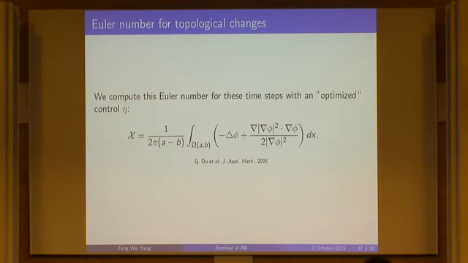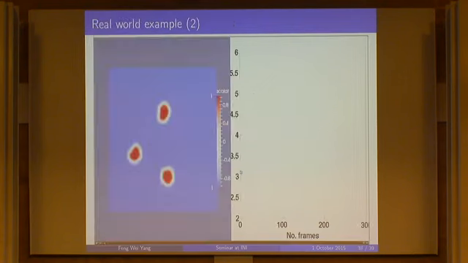We take this Euler number from Du's work published in the Journal of Applied Maths. That is the Euler number to compute, and A and B is the interfacial region of the phase field. So in our case, it would be between 1 and -1, and this only exists in the interfacial region. We can compute this number as we go.